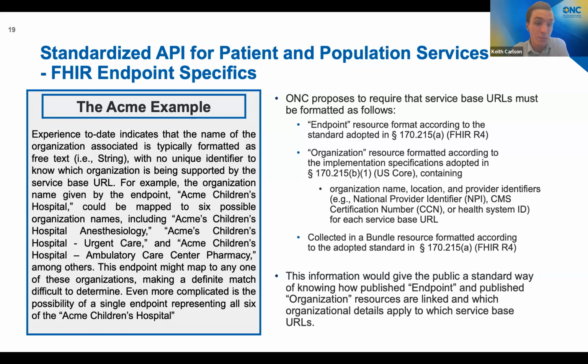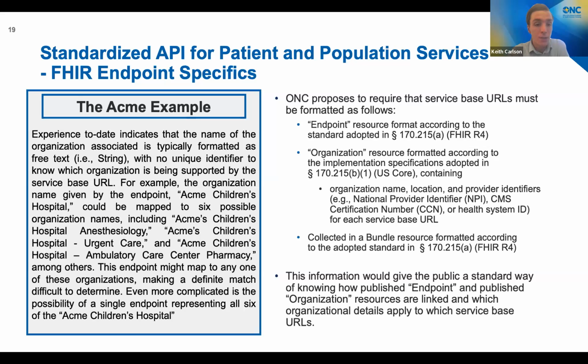So we're proposing to require that organization details be published also in a standardized format, which would be the FHIR or US Core organization resource. And we're proposing to require that within that organization resource, there should be an organization name, location, and some kind of identifier for that organization, whether it be a facility identifier or, if it's just one provider deploying a certified technology, a provider identifier.